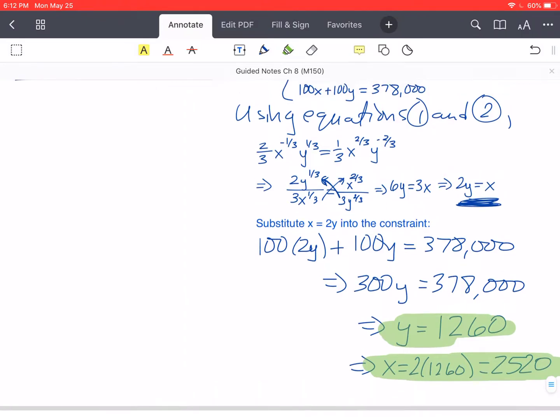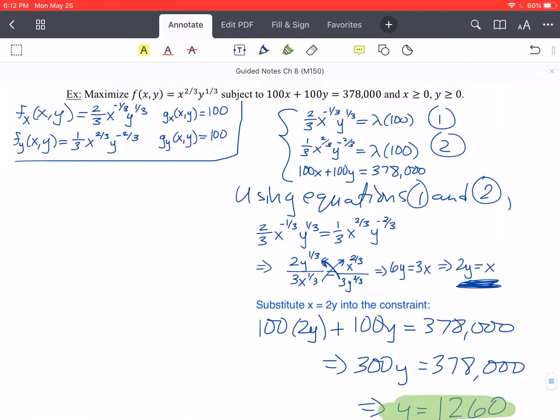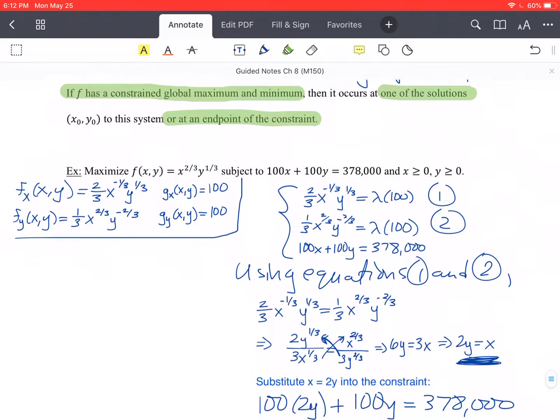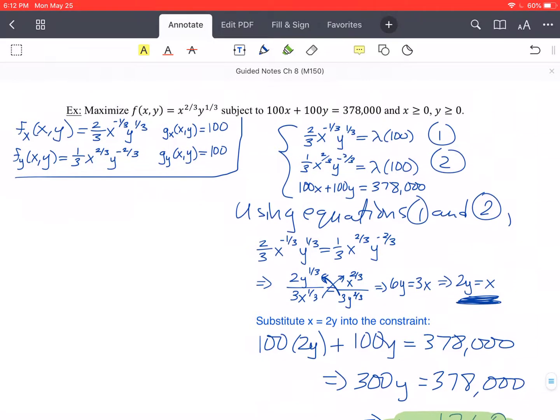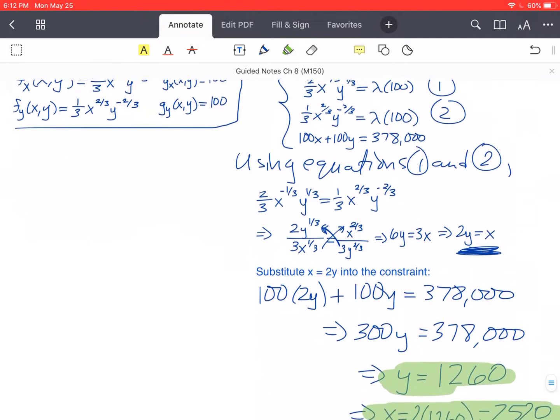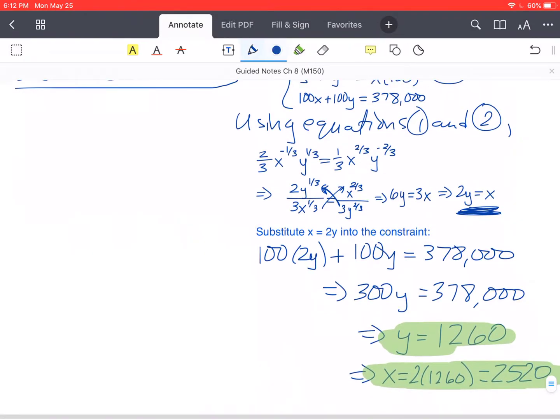So now, once we have the x and the y, it's asking us to find that maximum production. So we're going to go ahead and plug those in. So let me just separate this off here.